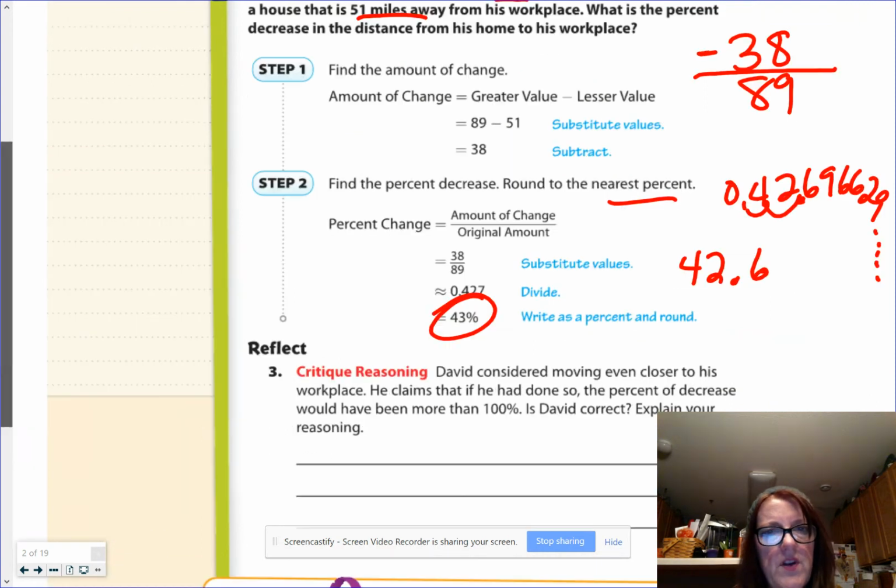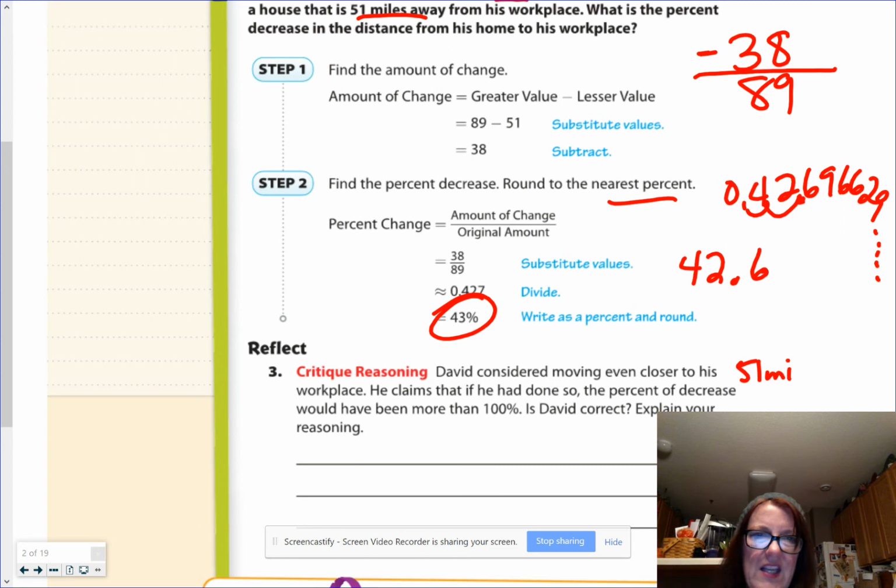So at this point, he's 51 miles away, so to get 100%, he would have to move all 51 miles, which means he'd be 0 miles from work. That'd mean he lives at work. Is his claim even accurate? No.